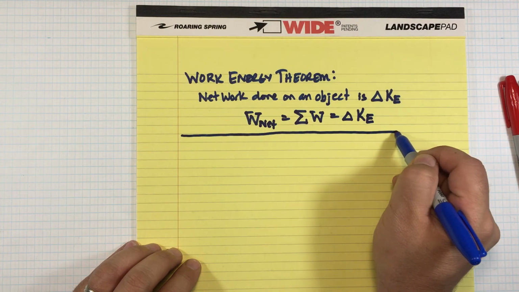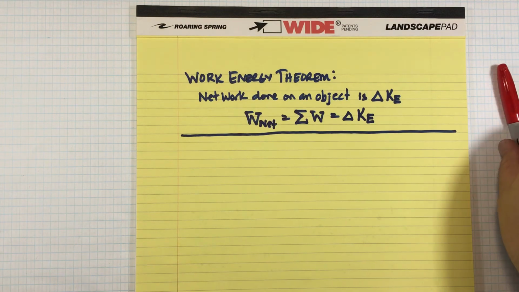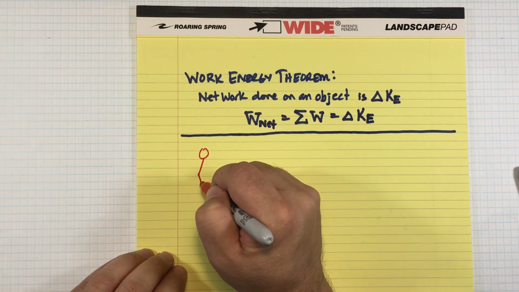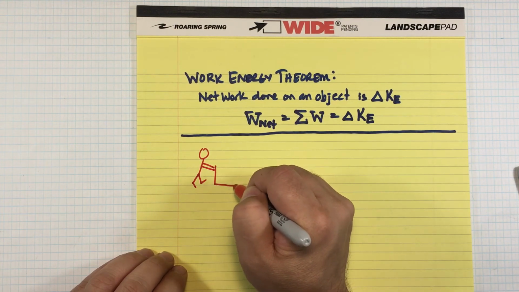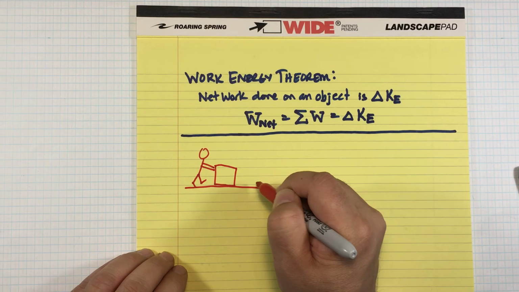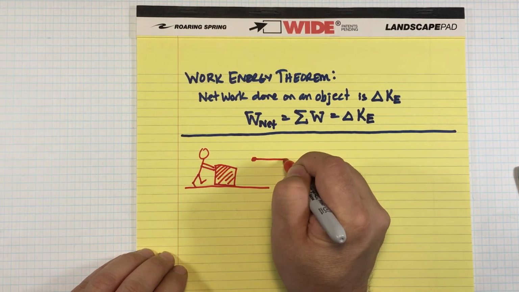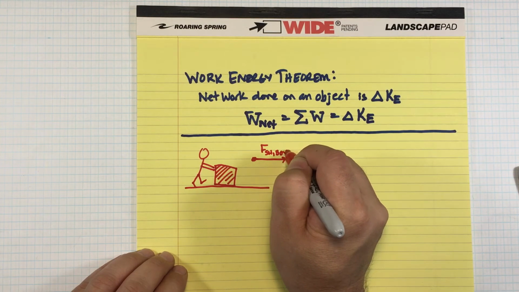So let's go back to the case we just did of me pushing the box across the floor. It's really hard to draw a person with their feet pushing a box, but I'm pushing the box across the floor. So this is the force of me on the box.